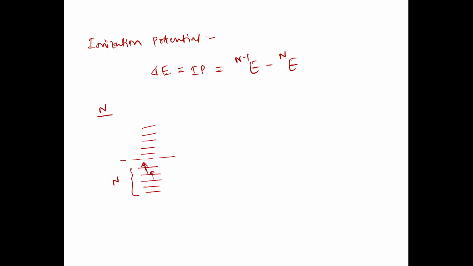Okay. So now if you eject this electron, you will be left with n-1 number of orbitals, right? Now this space will actually move here.